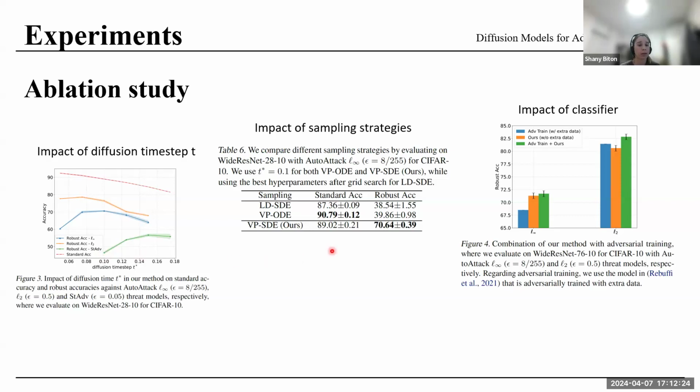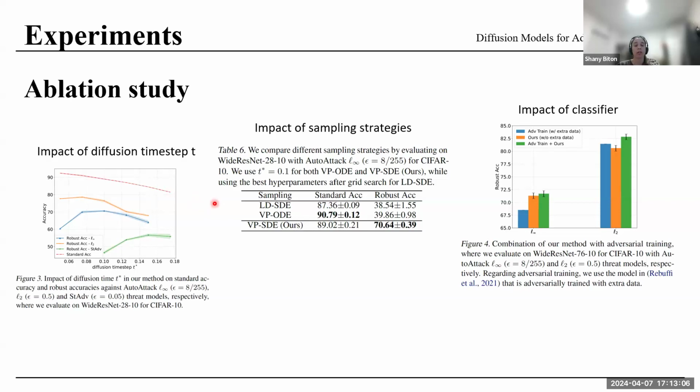Then they compared the sampling strategy, theirs, VPSDE, against others, and they concluded that theirs was best in terms of robust accuracy. The way they justified it is that their VPSDE is considering the score function at various noise levels, which was showing better results compared to LDSDE that uses the score function with clean images at timestamp T = 0, which makes it less robust to noise or perturbations in the input image.